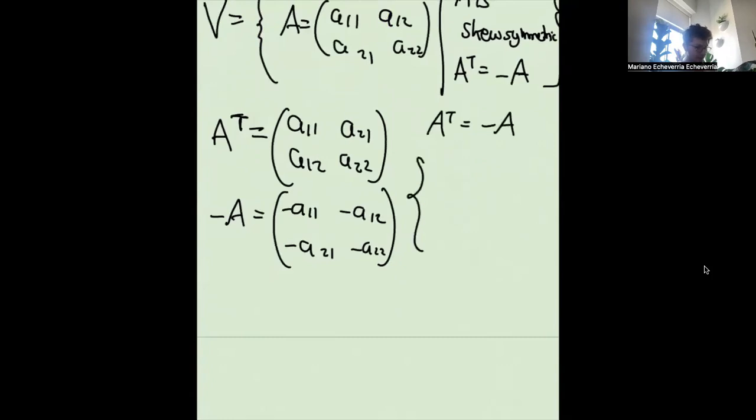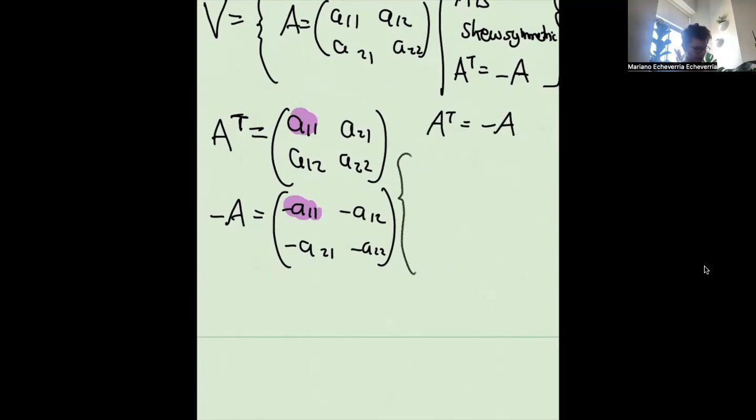We get that A11, let me put this in color to make it easier to see, A11 equals minus A11, right? So how can a number be minus itself? That just forces that number to be 0, right?